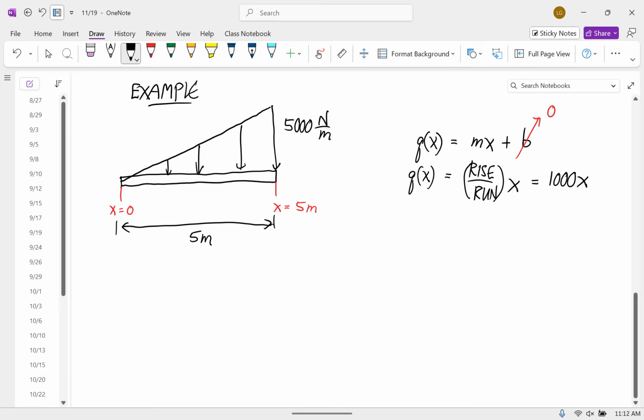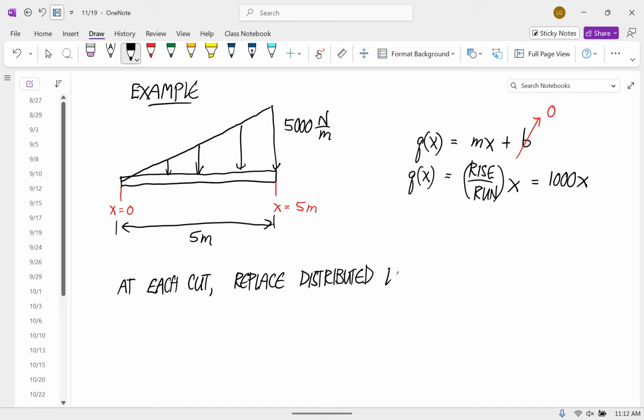So at each cut, you'll replace the distributed load with an equipollent point force.